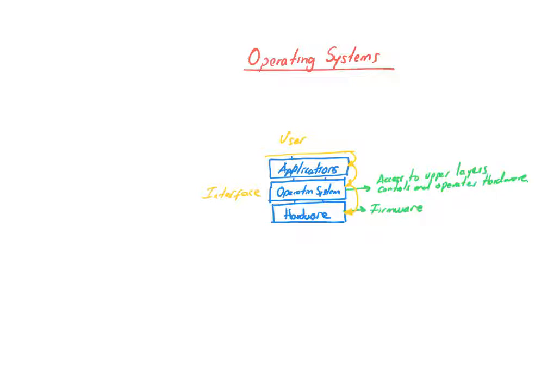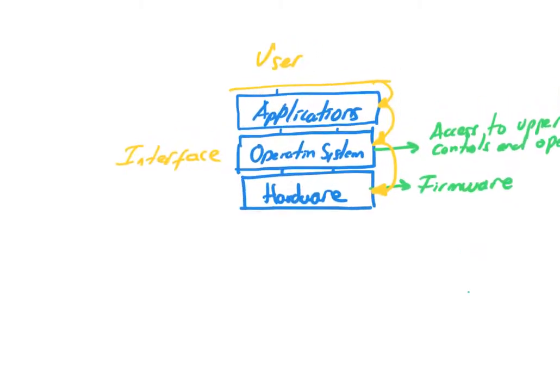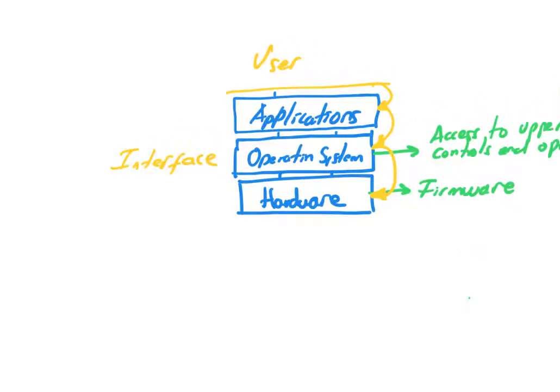That's just the most basic structure of the stack that I can think of, because we could say that the operating system, the OS as most people call it, is divided into two main sections.